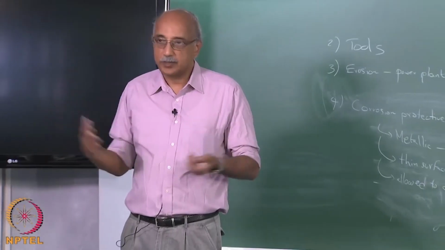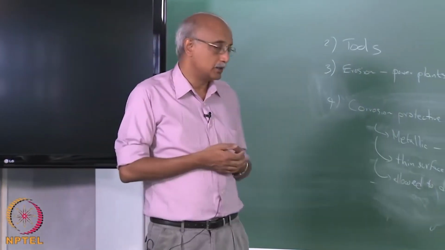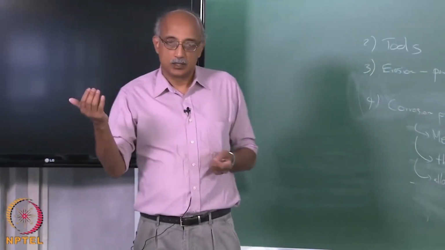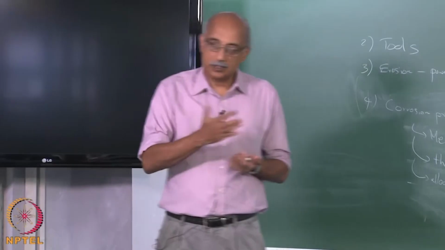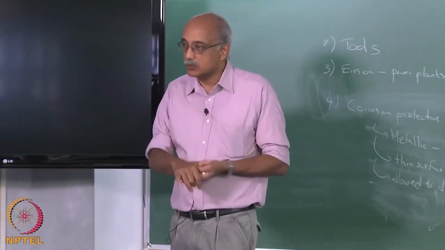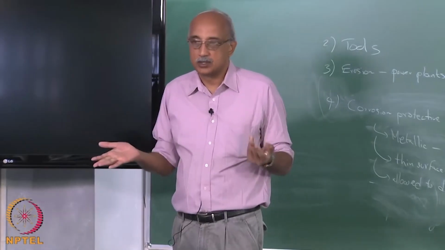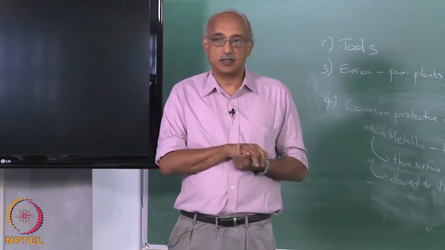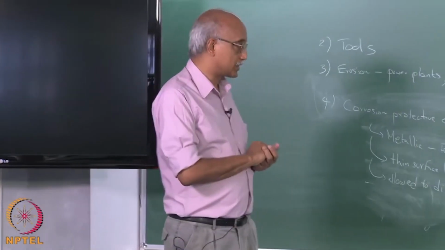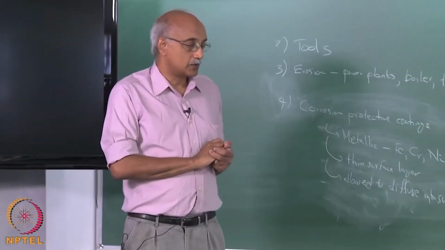So, it could be a turbine blade, it could be a stator, it could be a boiler tube, whatever it is that you are trying to protect will be laid in the path of the product gases from this fluidized bed CVD, and as they encounter the substrate they will break down and deposit the metal on top of the substrate. Now, that is the first step.